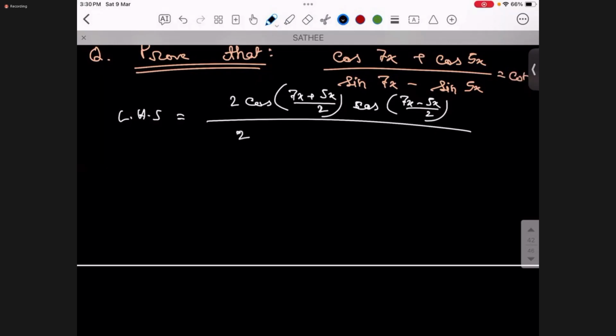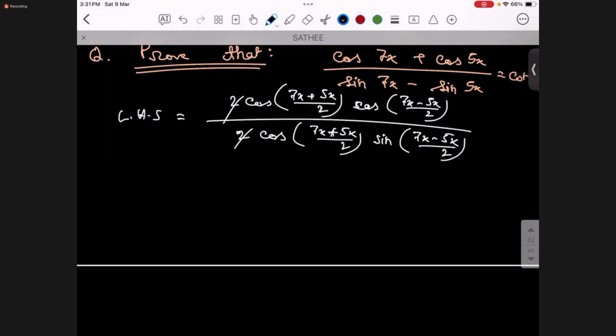That will be 2 sine, no, 2 cos (7x plus 5x) by 2 and sin (7x minus 5x) divided by 2.